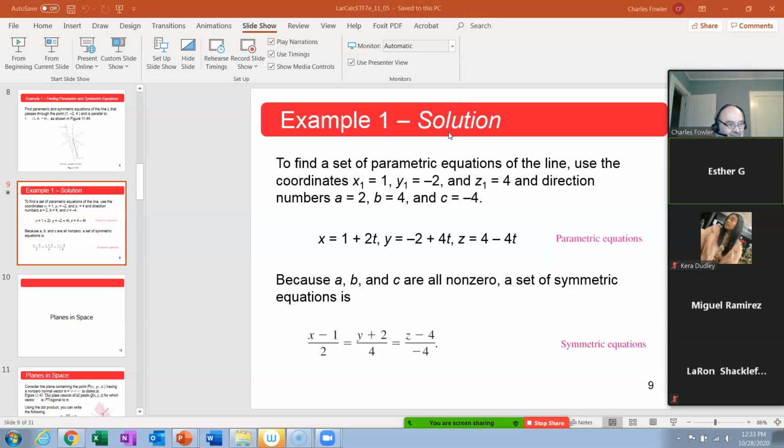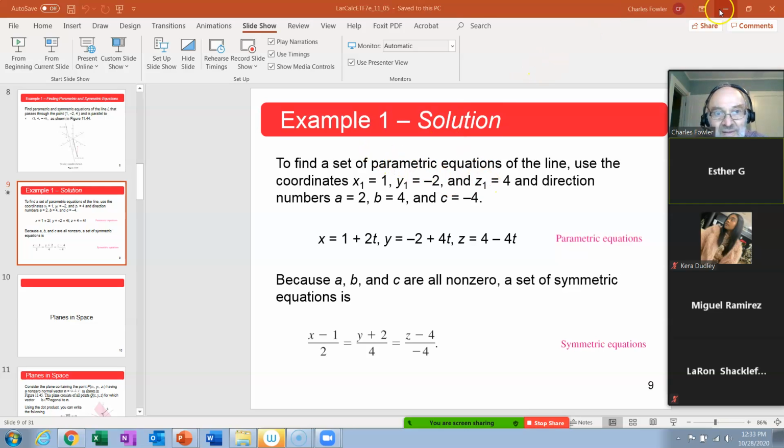Now, we're in chapter 11. Okay, I was trying to find it. Section 11.5, and we're on example 2. And the slide shows example 1 here. That's because there is no example 2.